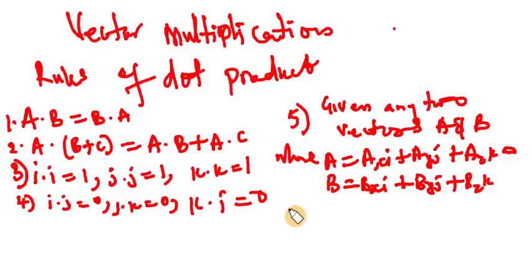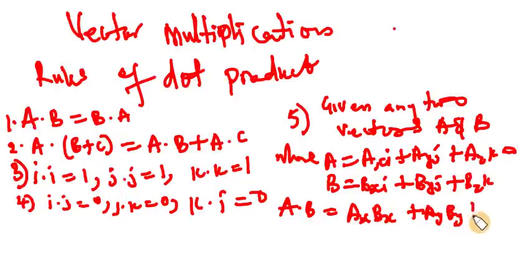We find that when we dot a and b, we have ax bx plus ay by plus az bz. So let us give an example to illustrate this and see how this law applies.